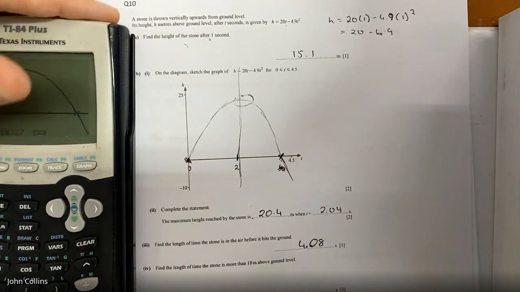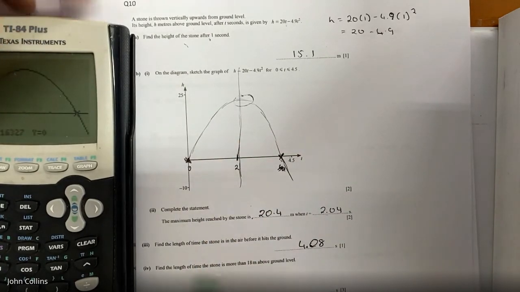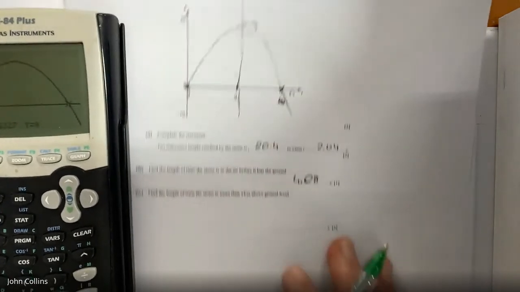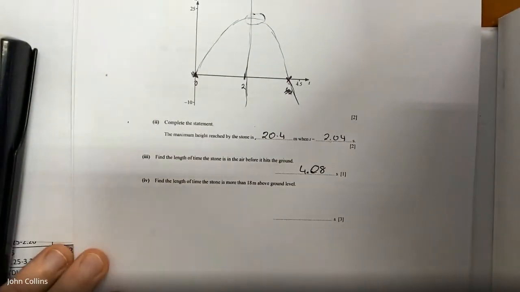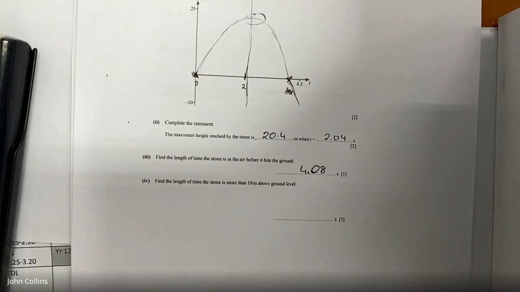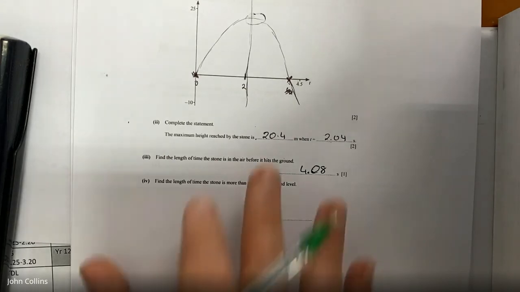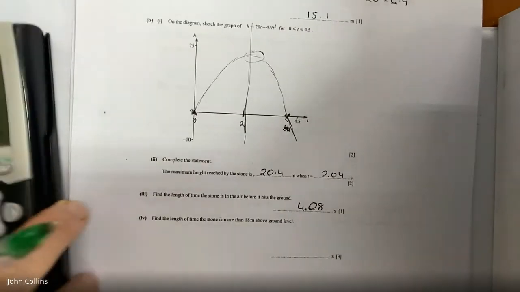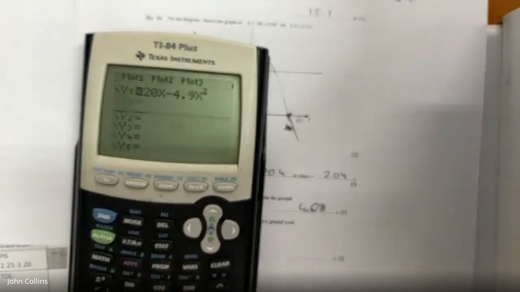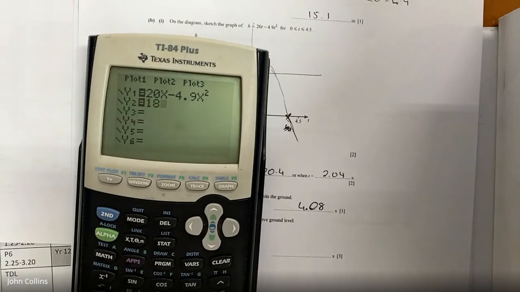It's above the ground. And finally, this last one I'll do, and then I'll do the rest tomorrow. Find the length of time the stone is more than 18 meters above ground level. How would I do that? Draw in an 18-meter line. So it's around here. Draw that in on your calculator. So have a second line, y is equal to 18.